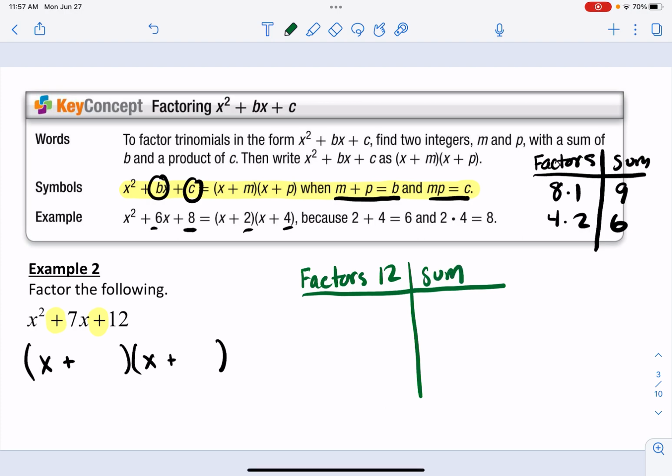So factors of 12. 1 times 12. That sum is 13. That's not 7. That's not what I need. 2 times 6. That sum is 8. Nope, I need 7. 3 times 4. That sum is 7, so one of them is plus 3. One of them is plus 4.